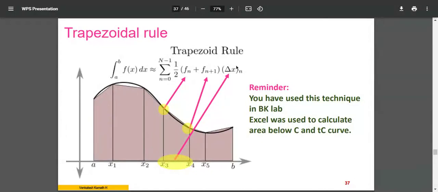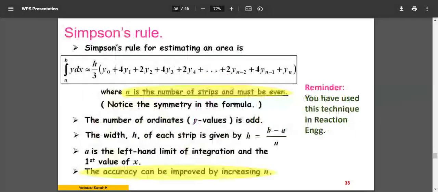But in that graph, all the segments do not have the same delta x. Delta x is varying, so it is not a good example for Simpson's rule. If all these lines were equidistant, delta x would have been the same, which I could have called h. So that's my explanation for h.